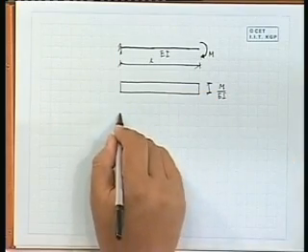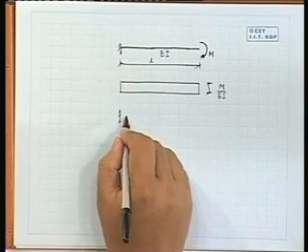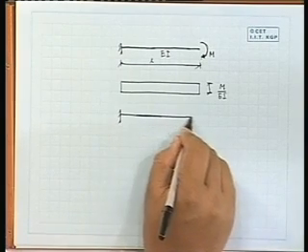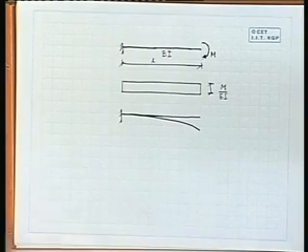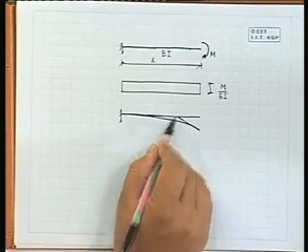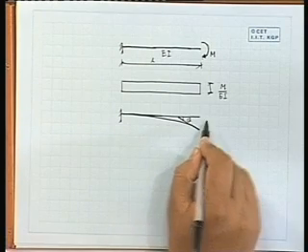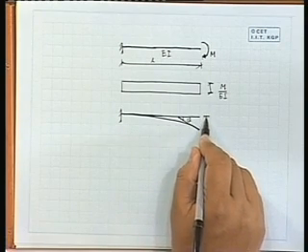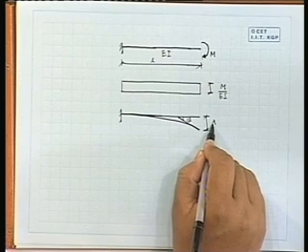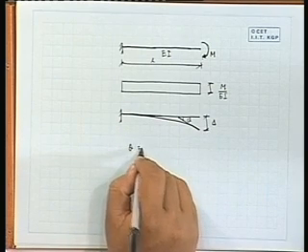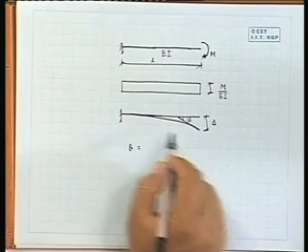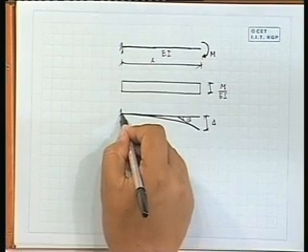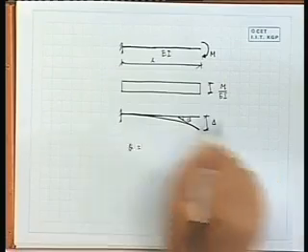Now, if I draw the deflected shape of the cantilever, here there is one advantage, this point is fixed. So, the tangent at that point is the initial line.